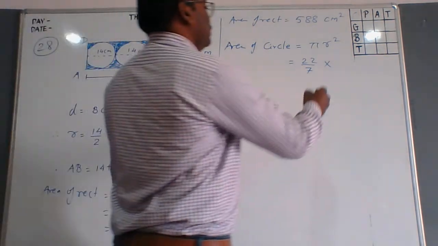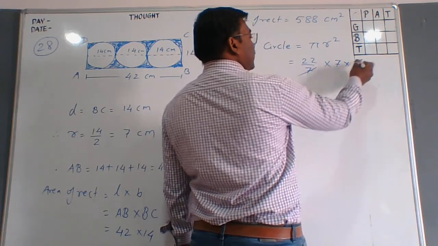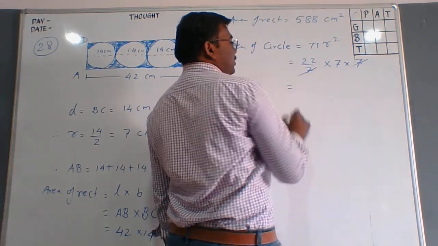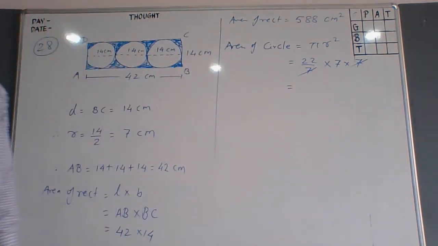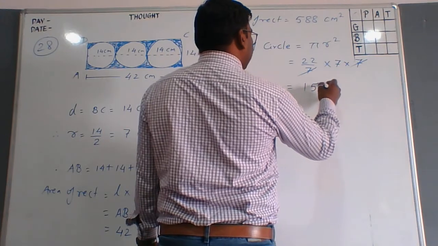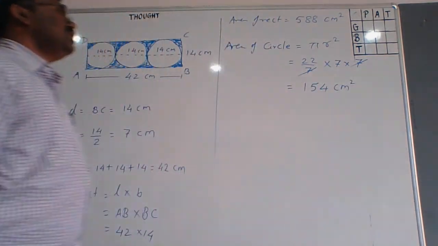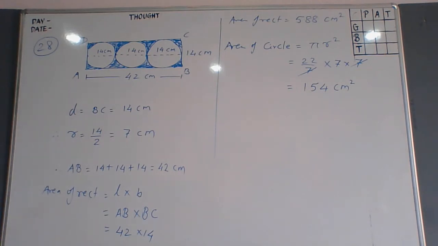So here it is 7 multiplied by 7. 7 can be cancelled. 22 multiplied by 7. So 22 multiplied by 7 gives us 154 centimeter square. This is the area of one circle.